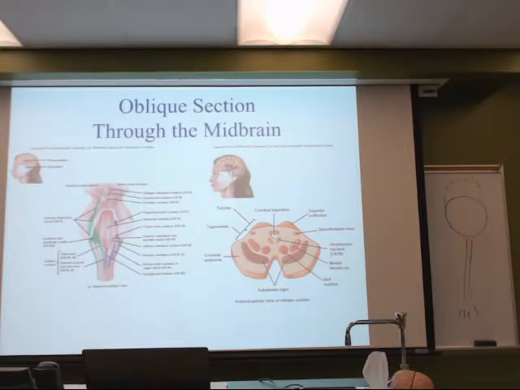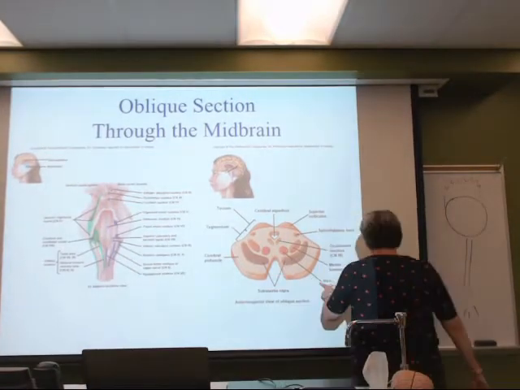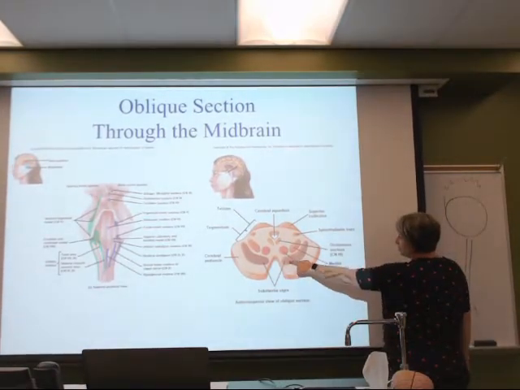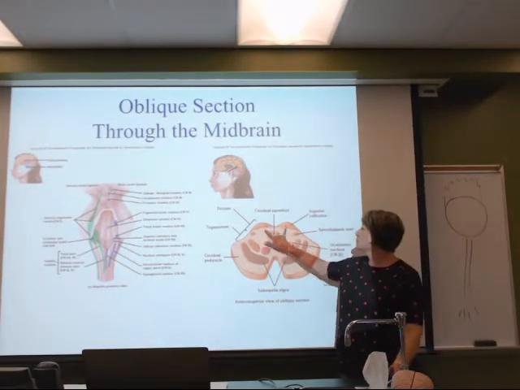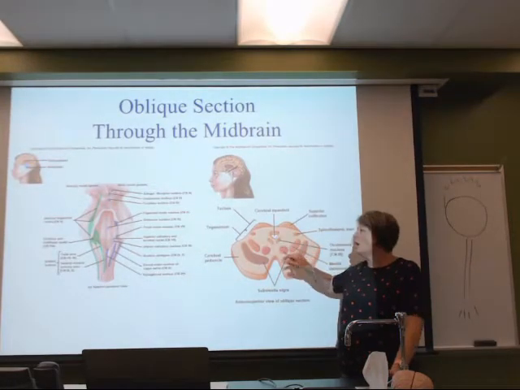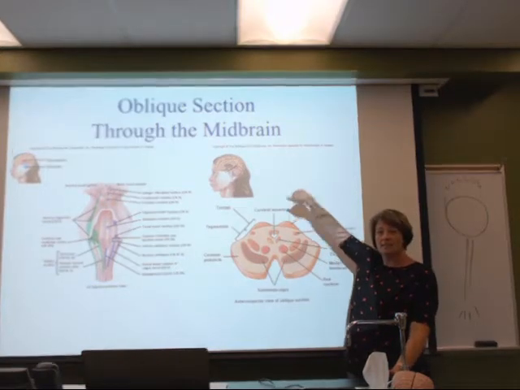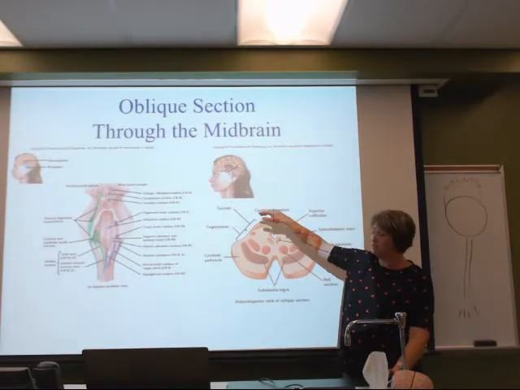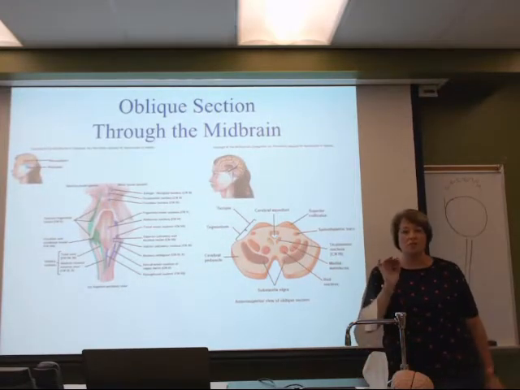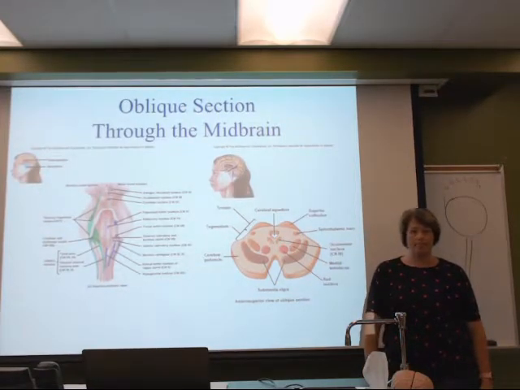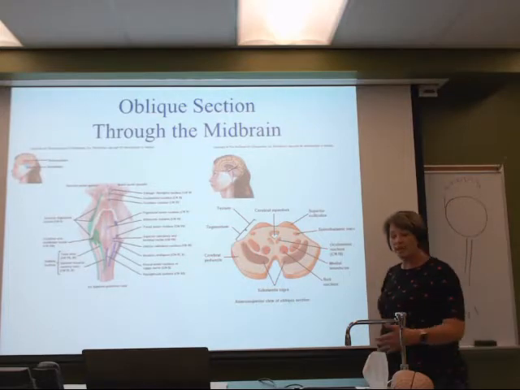So all those terms that we just mentioned, where we have our red nucleus, we've got the substantia nigra, we had the little peduncles, okay? Those are the little points that are going to point off where we're going to find ascending and descending tracts, okay? This would be a cross section through that midbrain, which is really kind of cool.